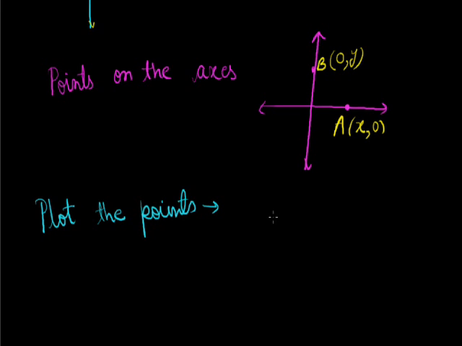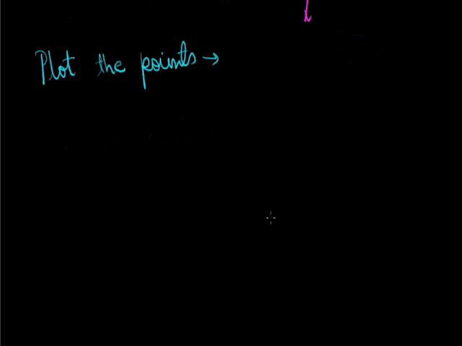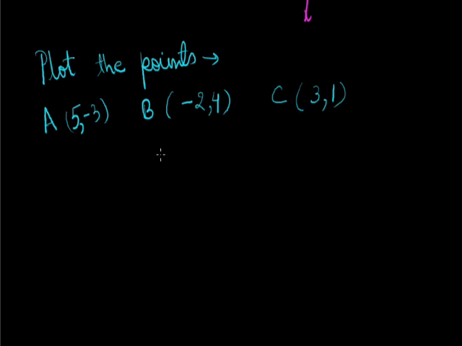Then, for example, we have to plot the point 5, minus 3. This is A point. Then minus 2, 4. This is B point. And the C point is 3, 1.